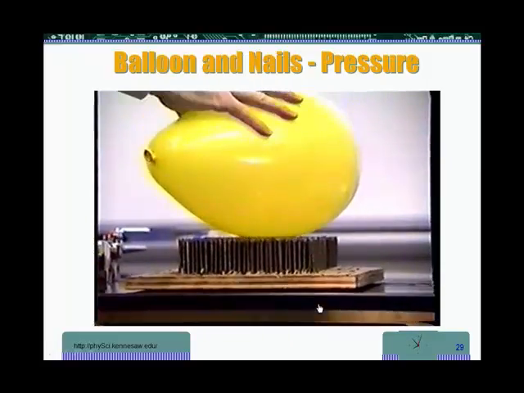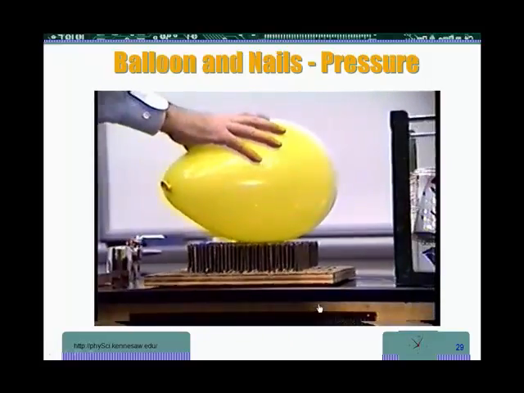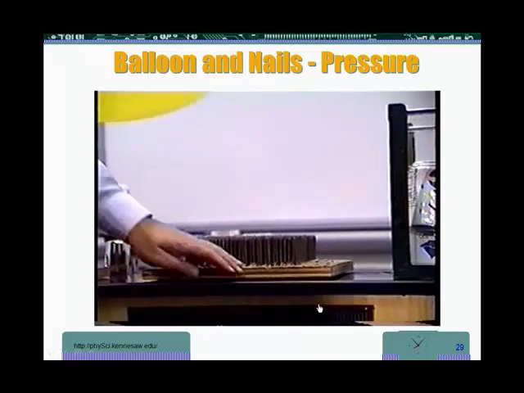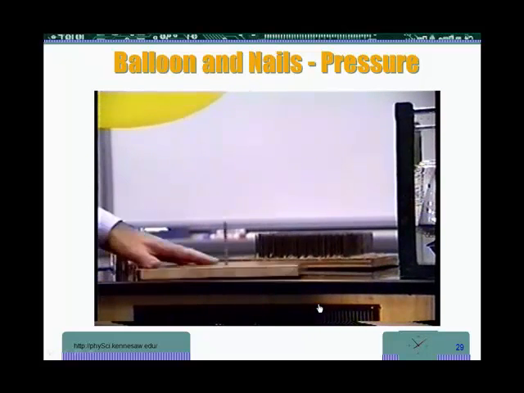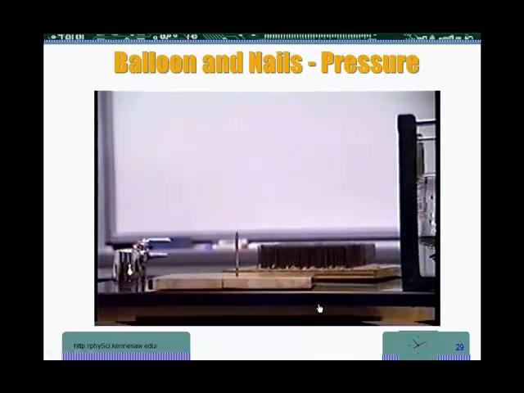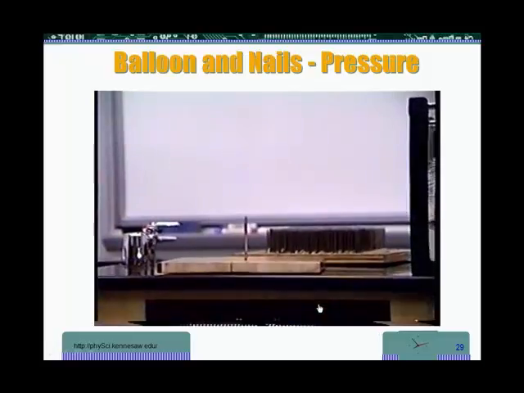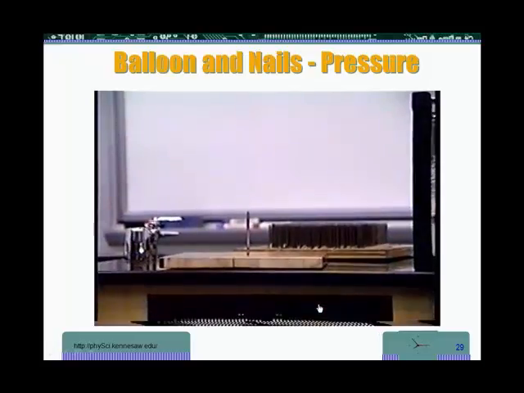See, we have a balloon here. We are pushing down on it, and it does not pop. Then we take a bunch of nails and put it on top of one nail, and then it pops immediately. Now, what's the difference? When you have lots of nails, and you are pushing down on it, all of the nails together are going to contribute to the normal force acting on the balloon.